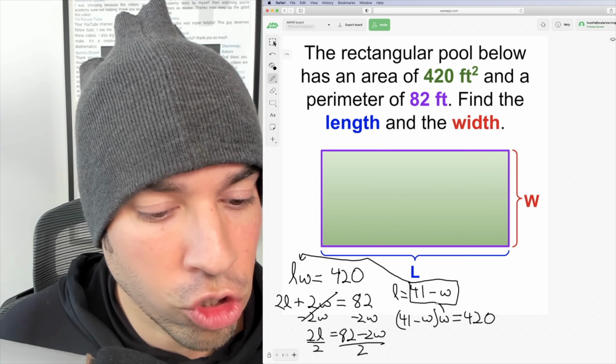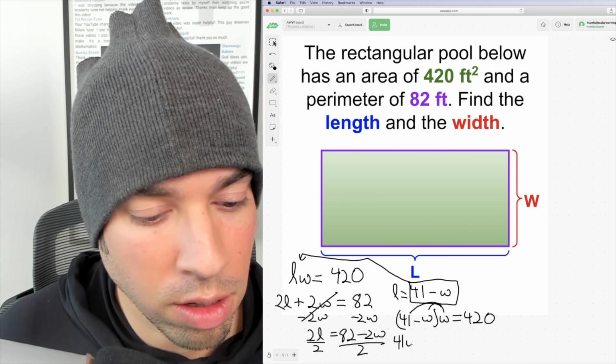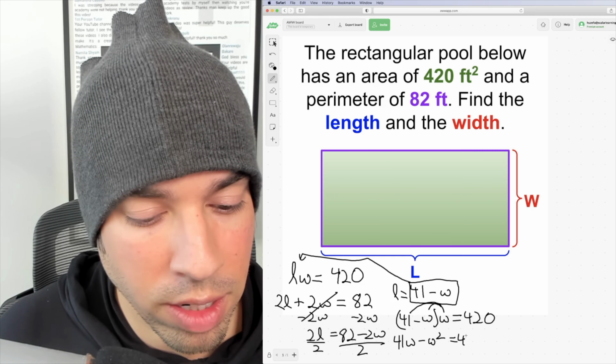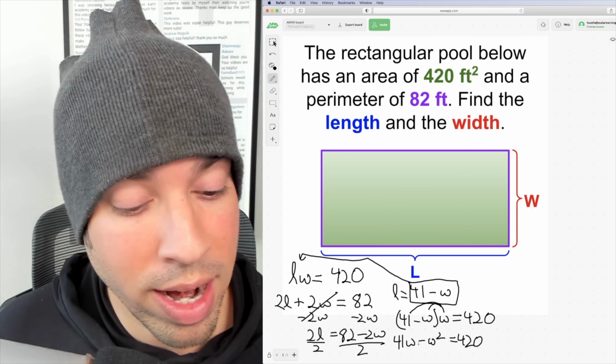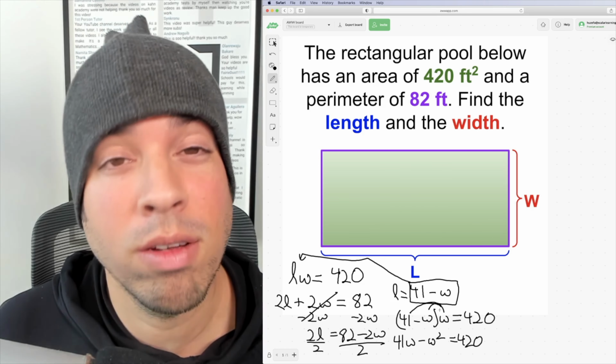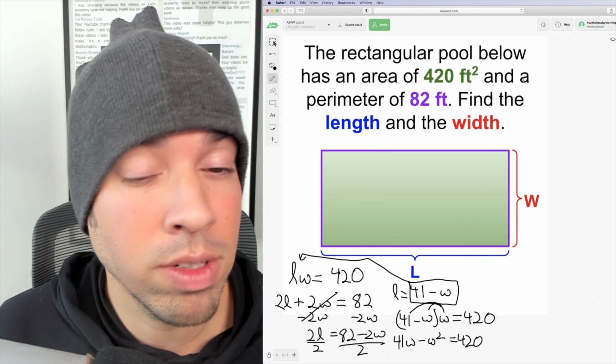Now I'm going to distribute the W like so to get 41W minus W squared equals 420. Now I see I have a quadratic because one of the variables is to the second power. And when we have a quadratic, we want to set everything equal to 0 and then ideally factor if it's factorable.